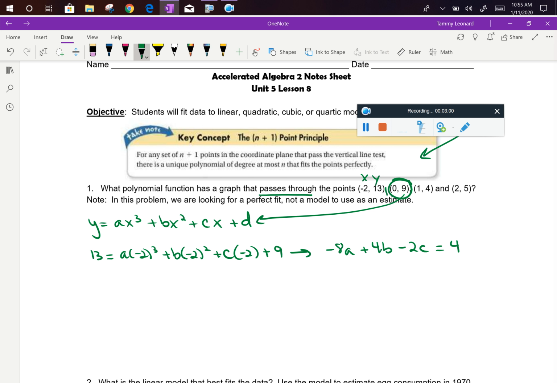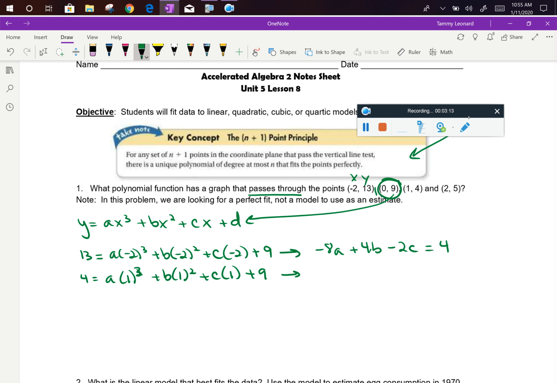Taking the same approach with the point (1, 4), we have 4 equals a times 1 cubed plus b times 1 squared plus c times 1 plus 9. And simplifying that equation, we've got a plus b plus c equals -5.